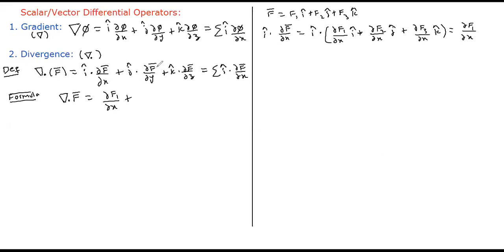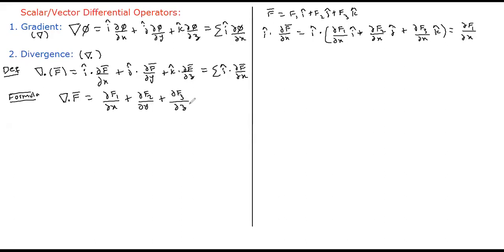It is j bar dot dou f bar by dou y. j bar dot i bar will be 0, j bar dot j bar will be 1, j bar dot k bar will be 0. So the second term should give dou f2 by dou y. Similarly, the third term should give dou f3 by dou z.